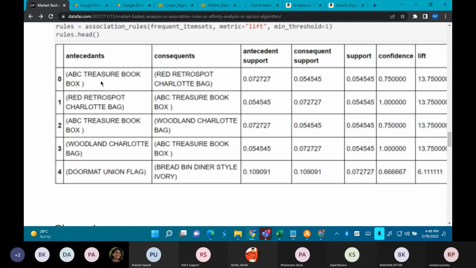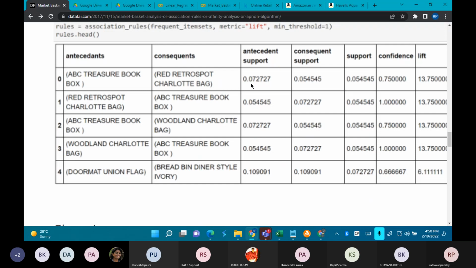So it says if ABC treasure book box was bought, then we're looking at what should be the recommendation, that a red retrospect Charlotte bag should be there or not, right?